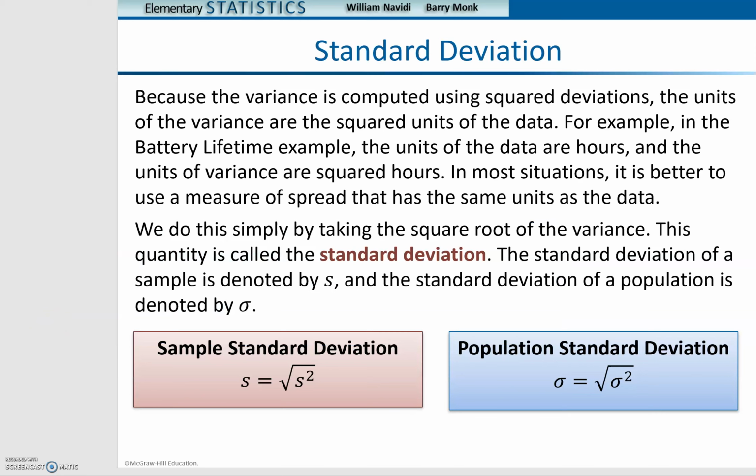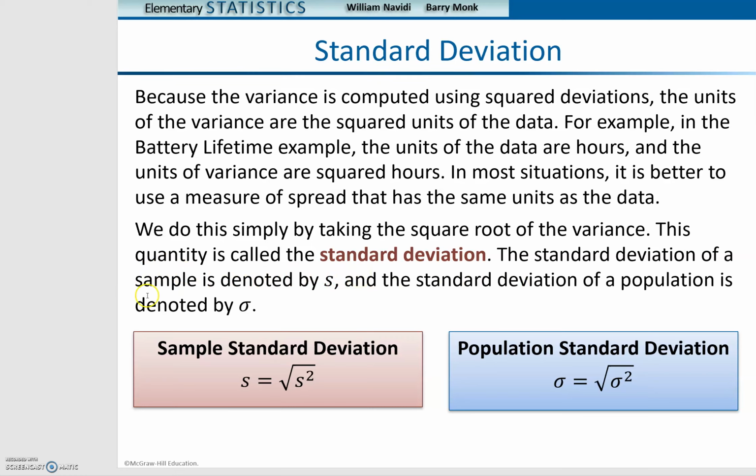Because the variance is computed using squared deviations, the units of the variance are the squared units of data. For example, in the battery lifetime example, the units of the data are hours and the units of variance are squared hours. In most situations, it's better to use the measure of spread that has the same unit as the data. We do this simply by taking the square root of the variance. This quantity is called the standard deviation.